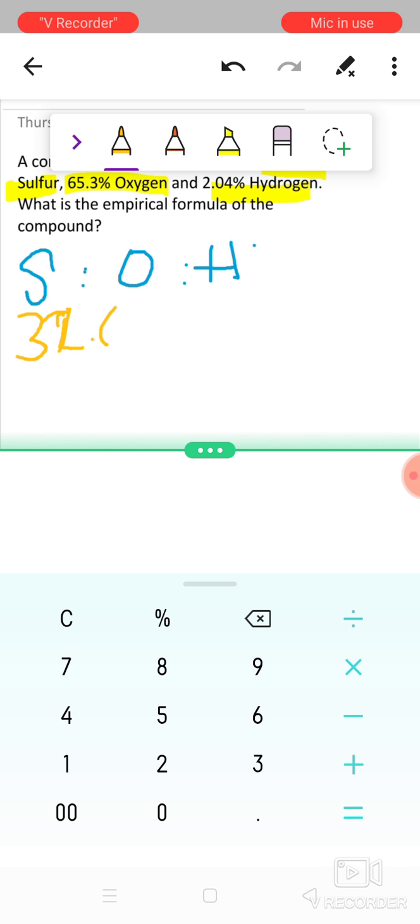Now this is the gram. Basically we have converted it from percentage to mass.